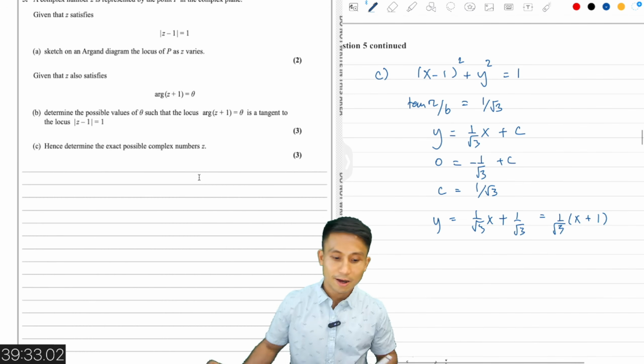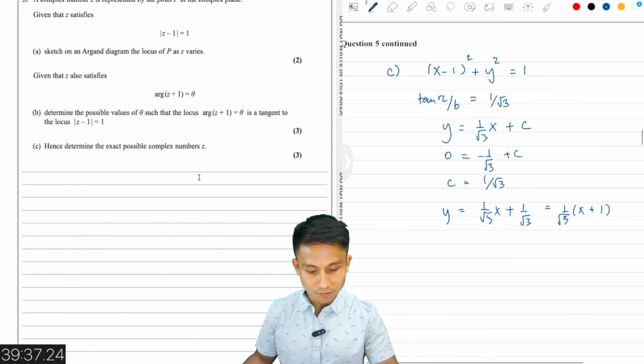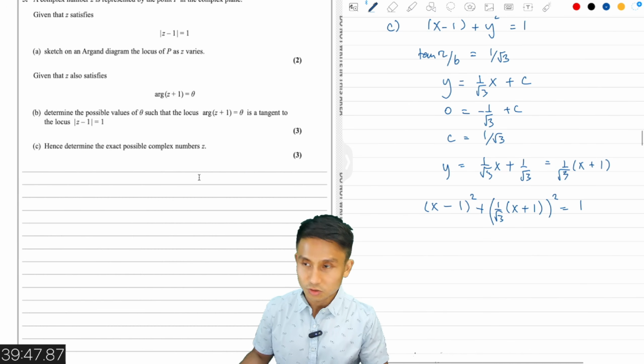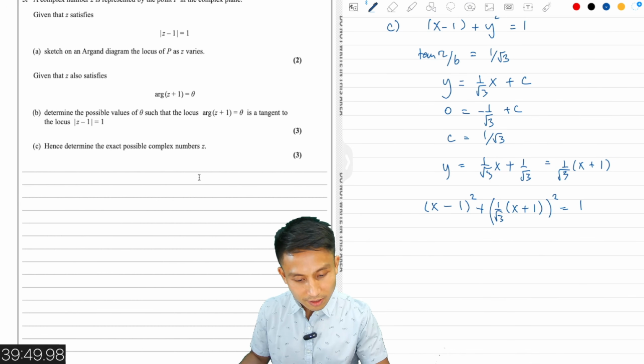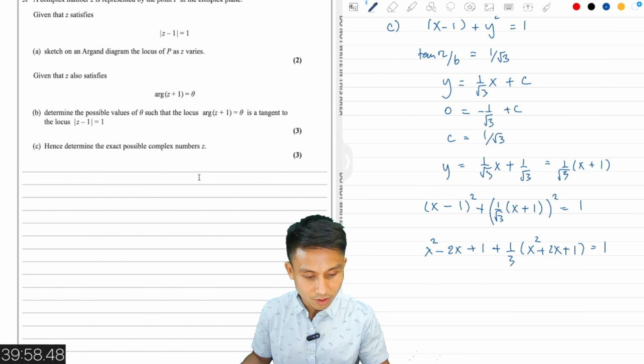Okay, now what should we do? So yeah, like this, and then square this, equal 1. So just expand them all out maybe. x squared minus 2x plus 1, and this one is plus 1 over 3, x squared plus 2x plus 1, equals 1.